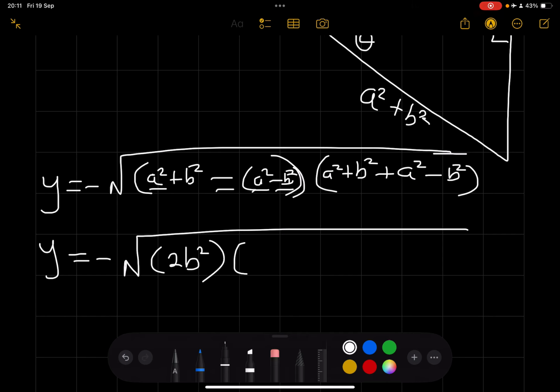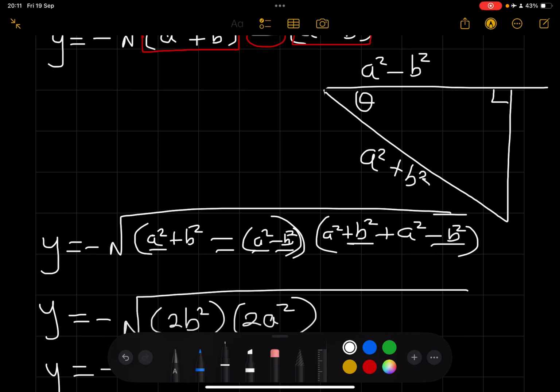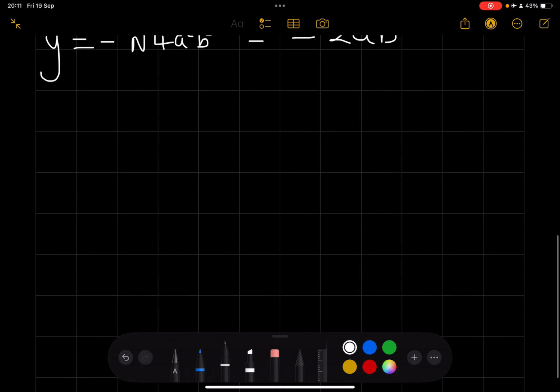And here the b squared and the b squared are going to subtract, so you have 2a squared, which yields negative square root of 4 a squared b squared, because 2 times 2 is 4. Square root of 4 is 2, square root of a squared is a, square root of b squared is b. So our y value is negative 2ab. Now our triangle is complete.